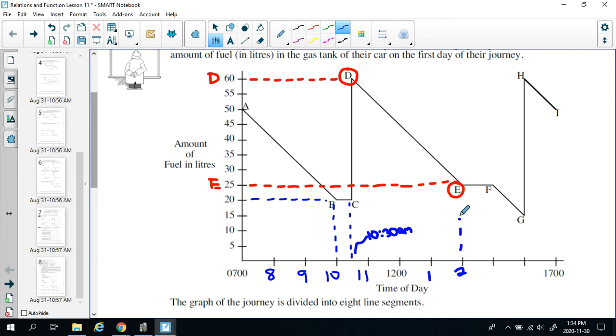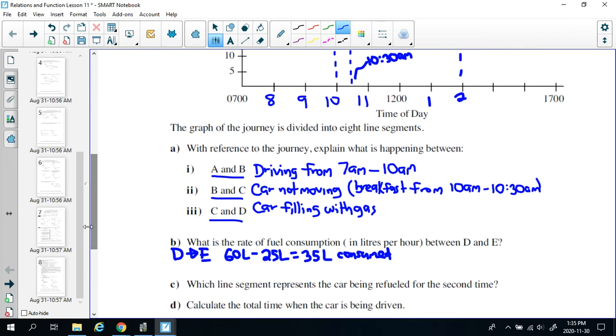So E is at 2 o'clock. We are driving from 10:30 a.m. to 2 o'clock p.m., which would be 3.5 hours of driving.